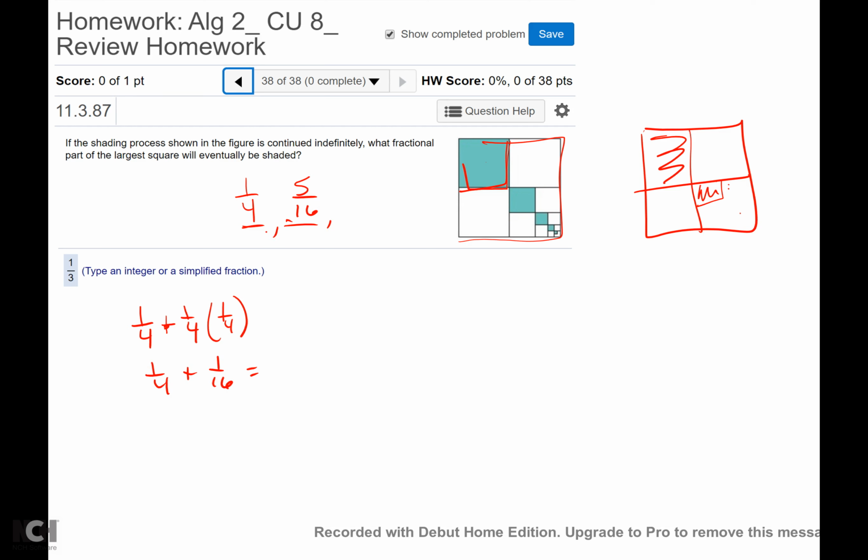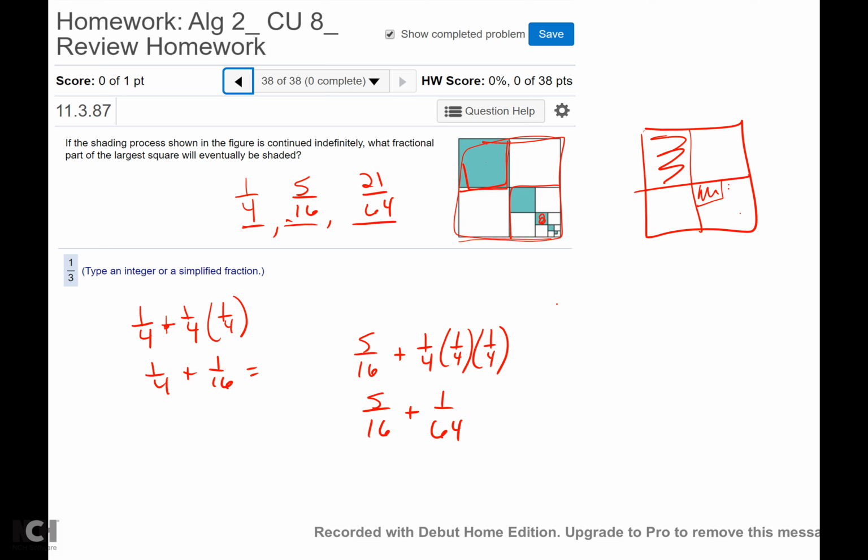My next term would be the 5/16 plus 1/4 of a fourth of a fourth, right? Because this one would be a fourth of this fourth, which is a fourth of that fourth. I don't know if I'm doing this right or not. 5/16 plus 1 over 64. You get 21 over 64.